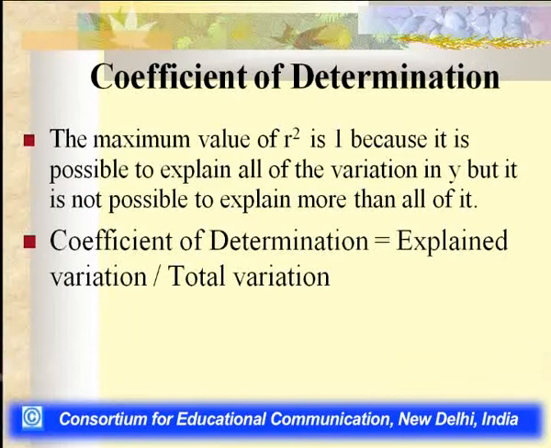The maximum value of r square is 1, because it is possible to explain all the variations in y, but it is not possible to explain more than all of it. So coefficient of determination is equal to explained variation upon total variation.